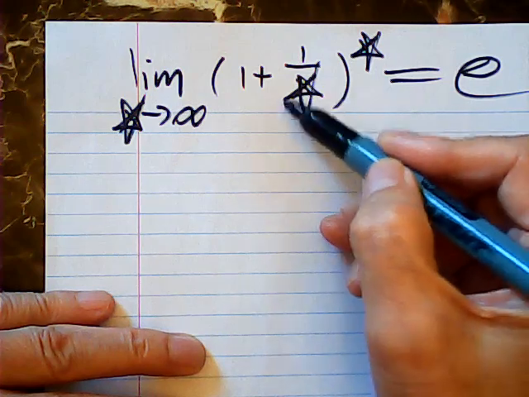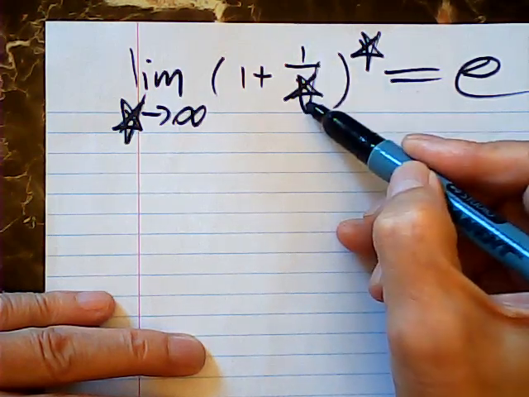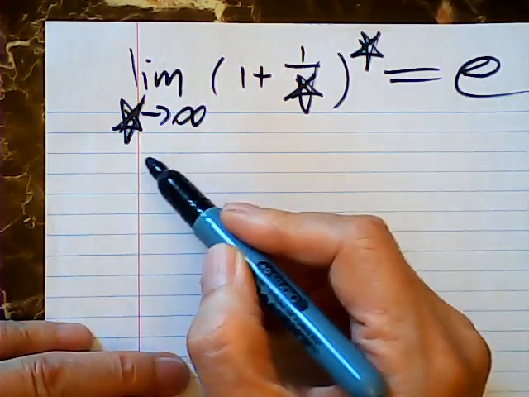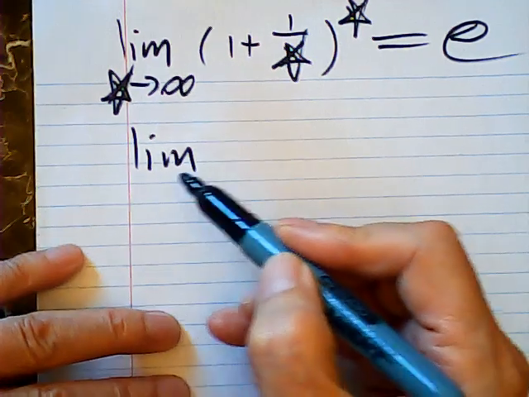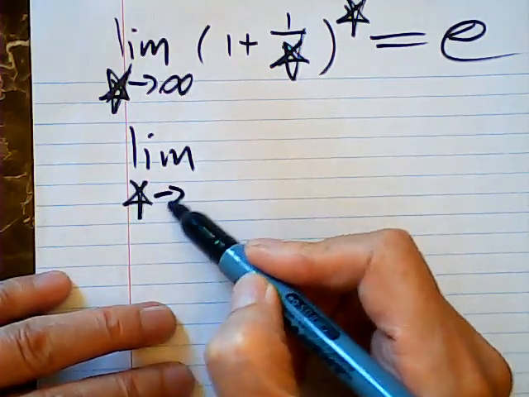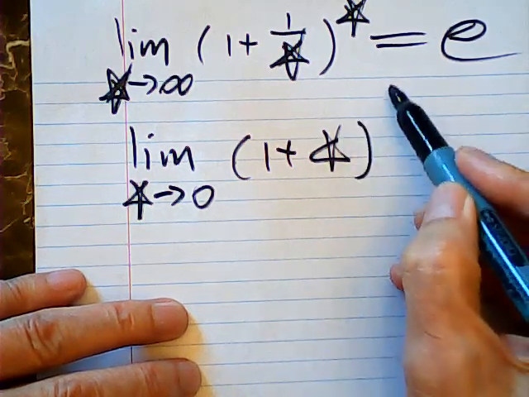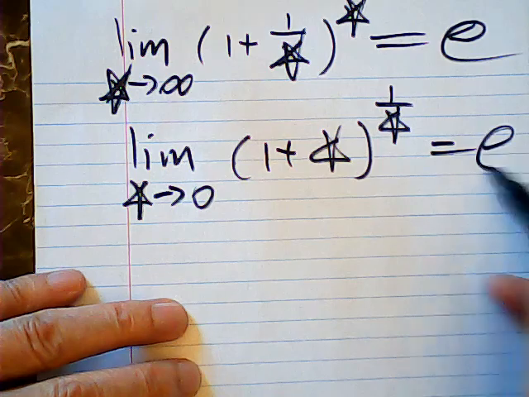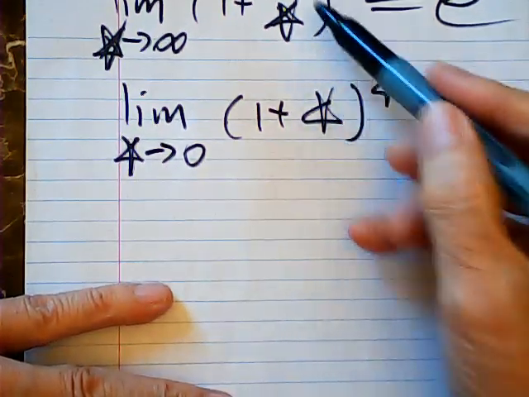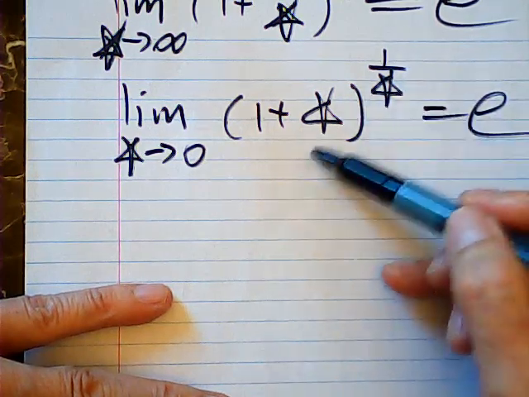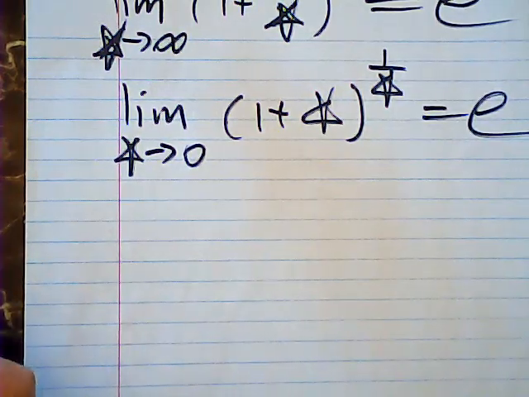As long as this goes to infinity, 1 over something, and this goes to infinity, then this is e. Or another way of writing this is as x goes to 0, 1 plus something to the power 1 over something is also e, right? But it's the same thing. As long as this goes to 0, this is infinity. This is a reciprocal.